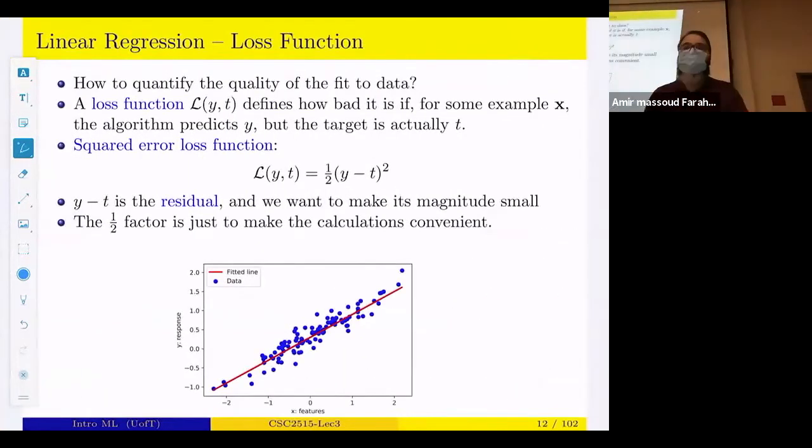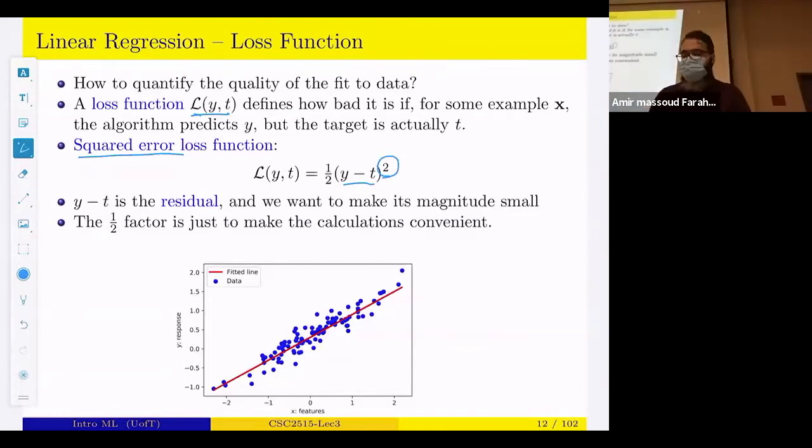So this is a notion of loss. The way we quantify the quality of the fit is through something called a loss function, L of Y and T, which basically says how close Y and T are to each other. There are different ways that we can define it, but one way that is meaningful in the context of regression is the squared error loss, defined as the difference between Y and T, the error in prediction, to the power of 2.